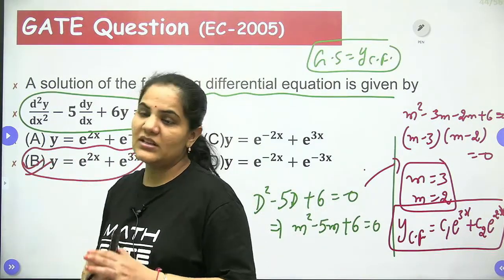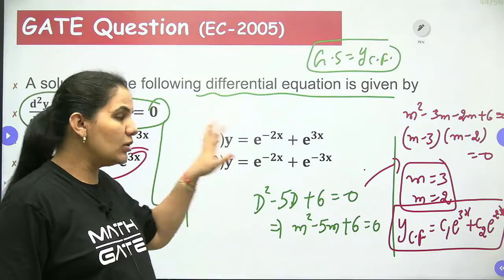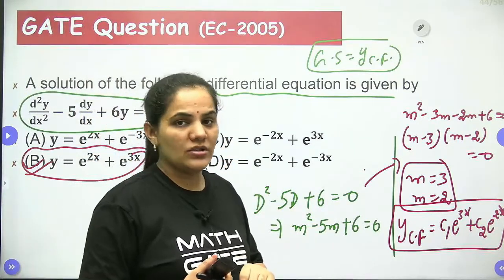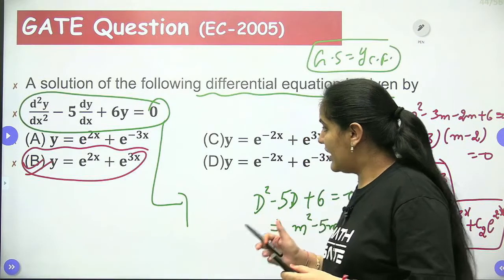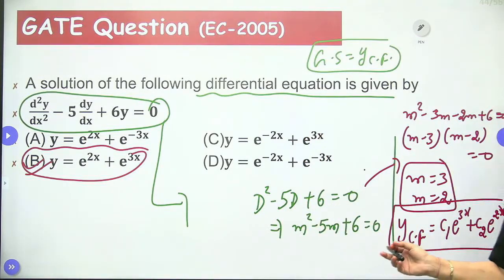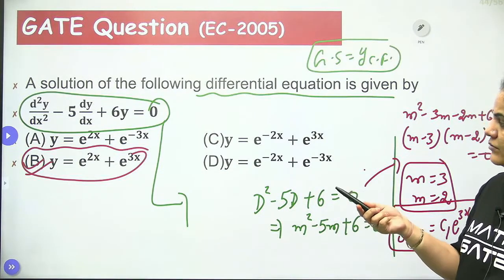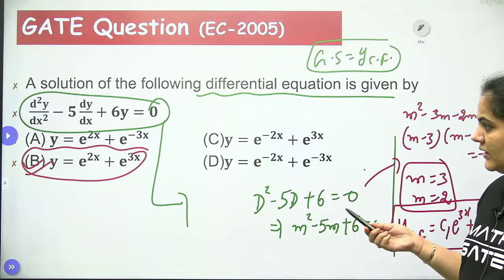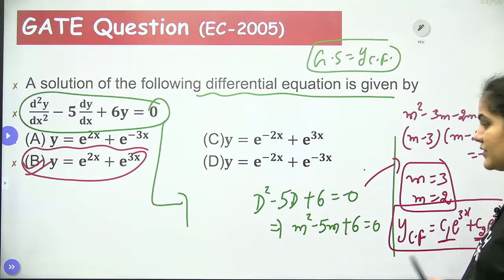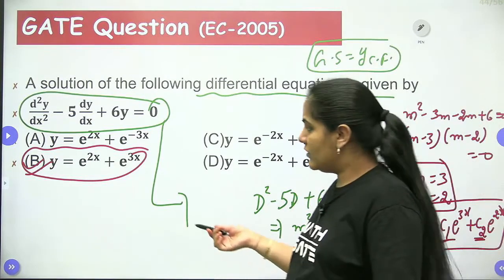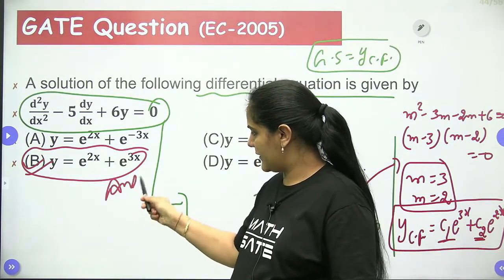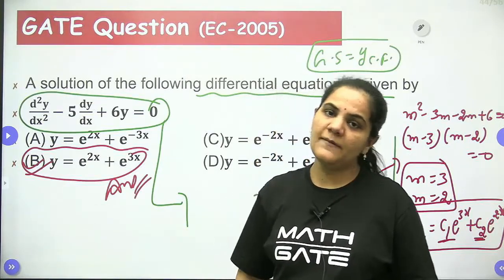In this question we don't have any initial condition to find the constants c1 and c2, so we can directly approach that this will be the final answer.